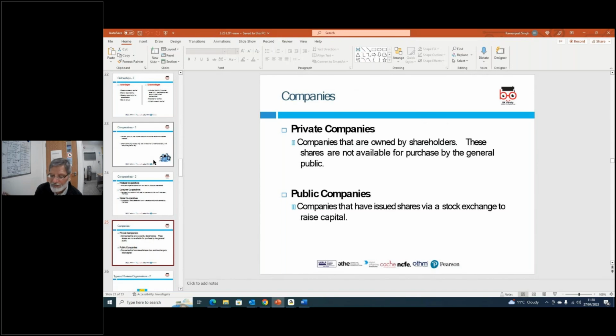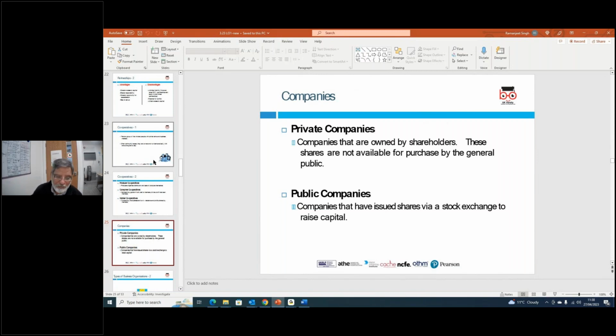It has one director who runs the business, and nobody can buy shares in the company because the director is not willing to sell, of course. The advantages and disadvantages are there. The limited liability is an advantage, unlimited liability is not there. A disadvantage is that it may be limited in expansion.